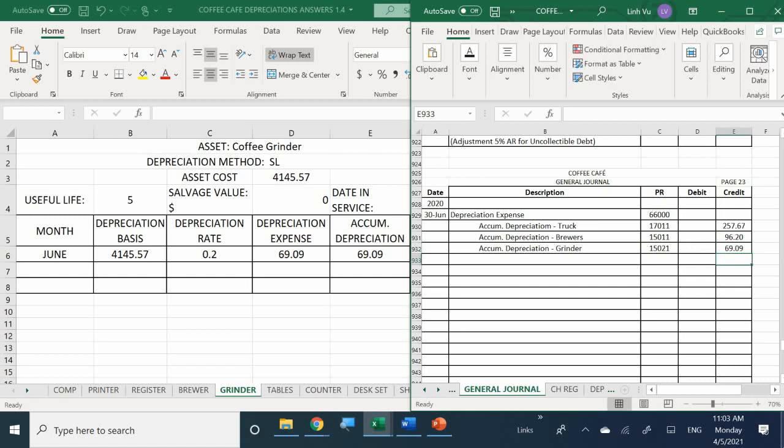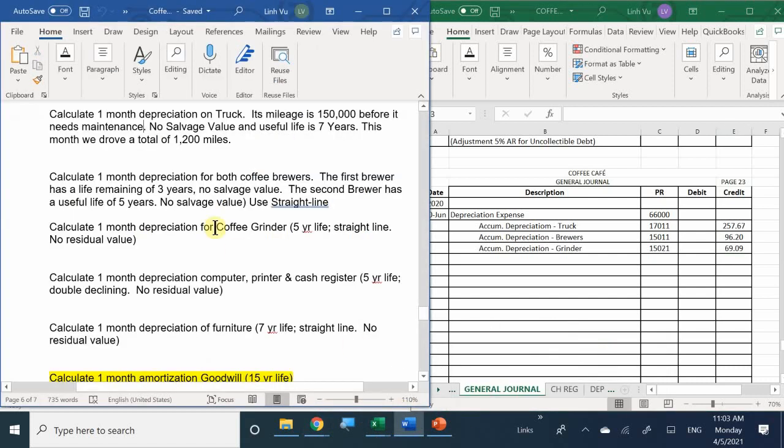Let me see. We should have a fair amount of good time right now to go over the next one. So let's see what the next one says. All right, the next one says we're going to calculate 1 month depreciation on the computer, the printer, and the cash register for 5 years, okay?